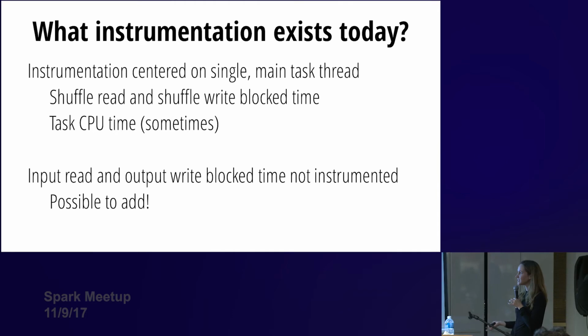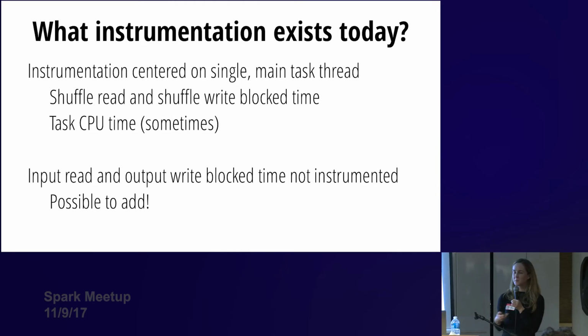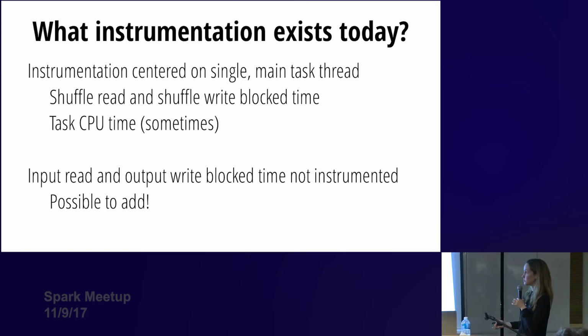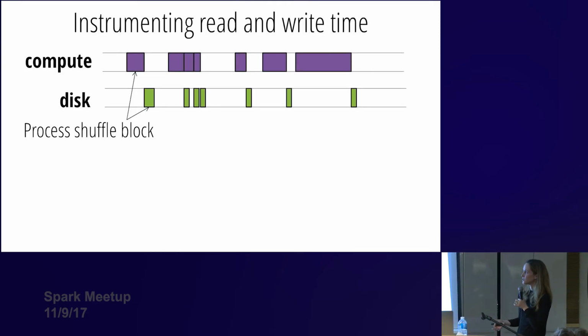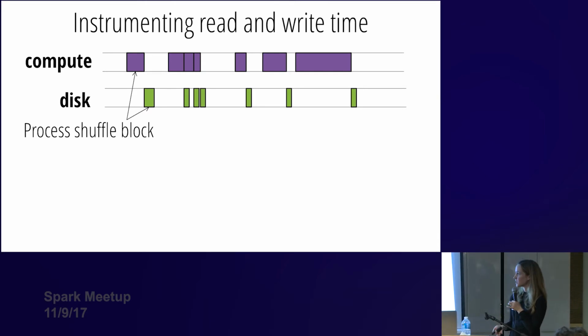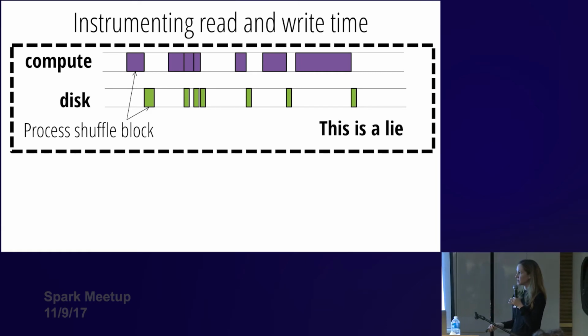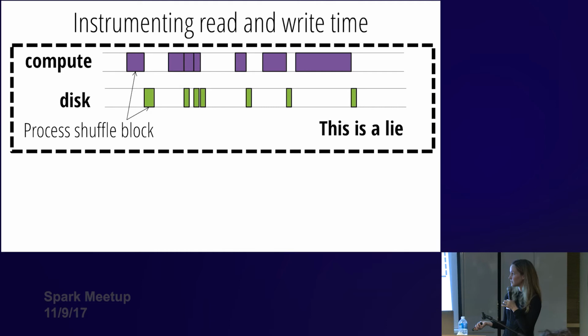I want to take a few minutes to talk about why this is difficult to add, but also a great project for somebody who's interested in adding some more instrumentation to Spark. Before, I drew this picture showing what's happening when the shuffle data is computing and writing data to disk, and this was a nice picture where Spark is processing one shuffle block at a time. There's one fundamental problem with this diagram, which is that it's a bit of a lie.